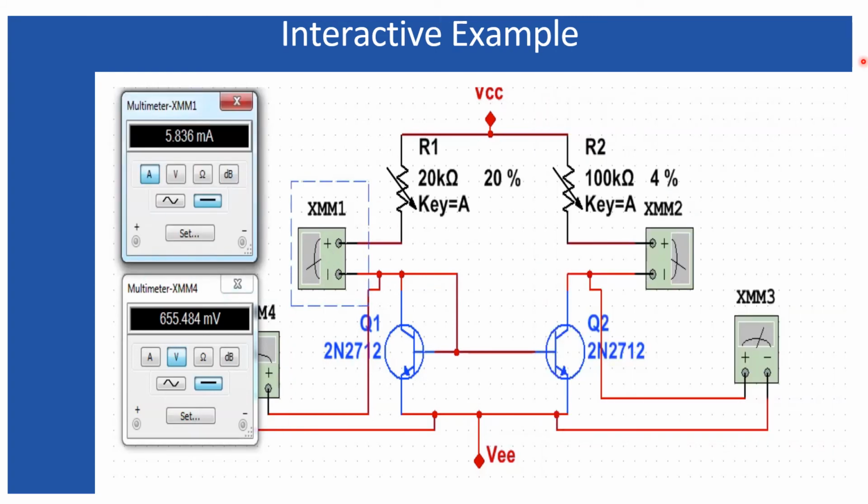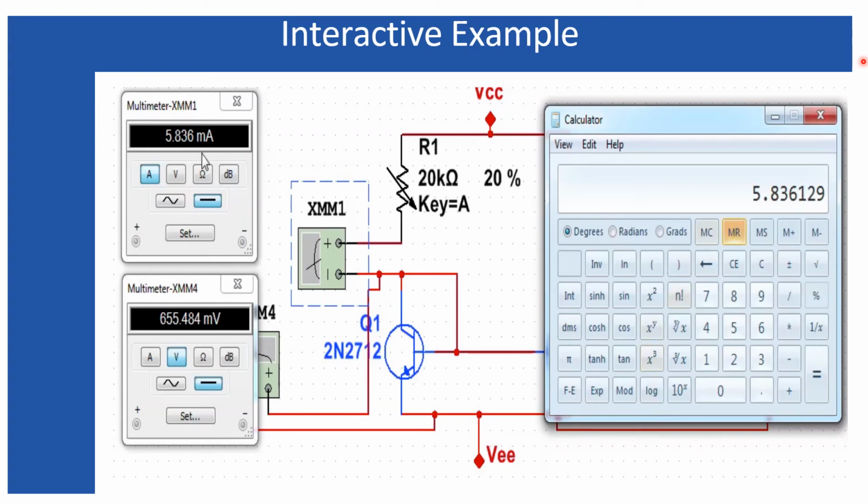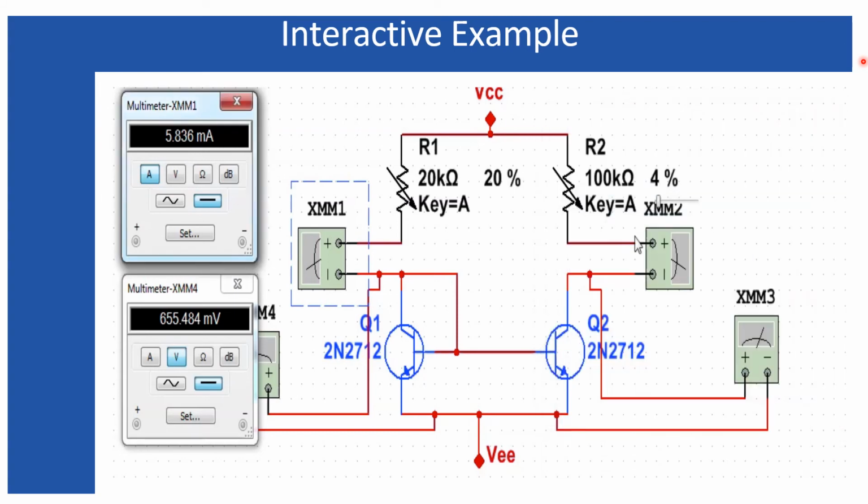Look at here. This is the current the ammeter is recording, and this is the calculation, so I can see that the ammeter reading and these calculations exactly match each other. Now, if this is the reference current, what should be the output current I0?